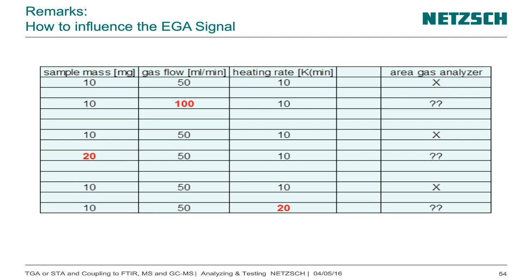Or what will happen if I double the heating rate? Here I will stop for 30 seconds so that you have some time to think about whether the area will be bigger, smaller, or stay the same, or whatever. Please think about it for 30 seconds. I will drink something.